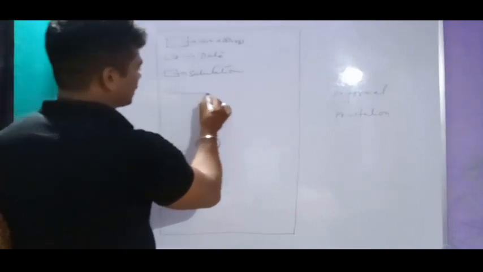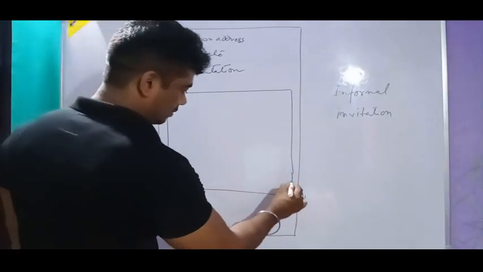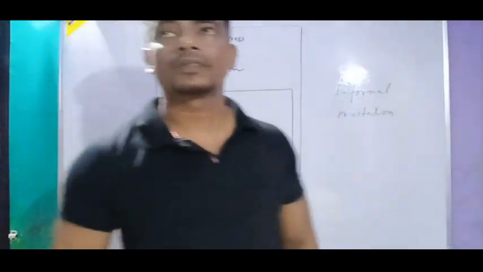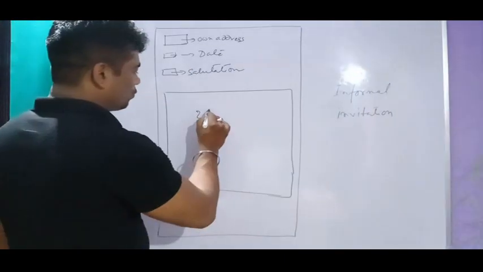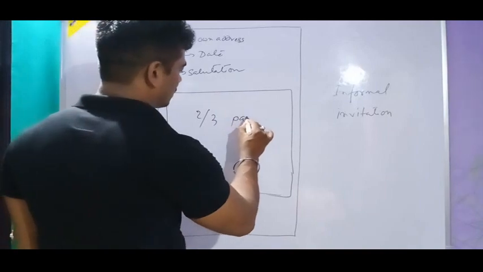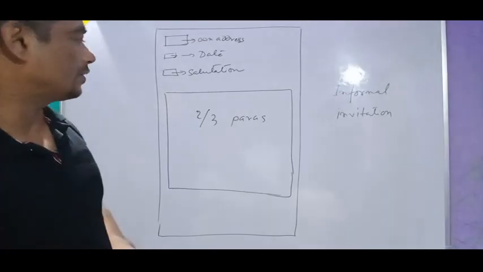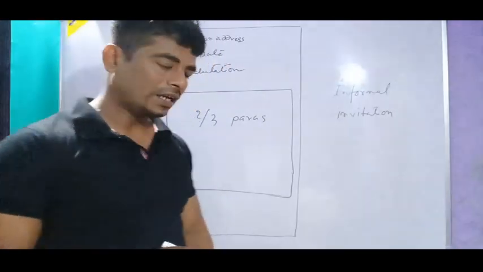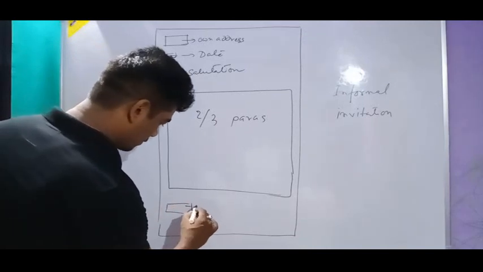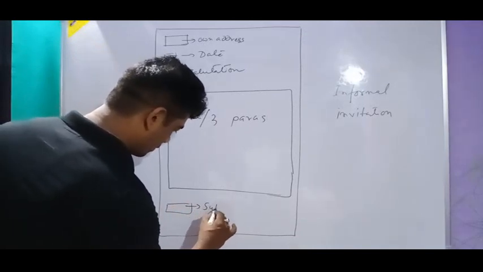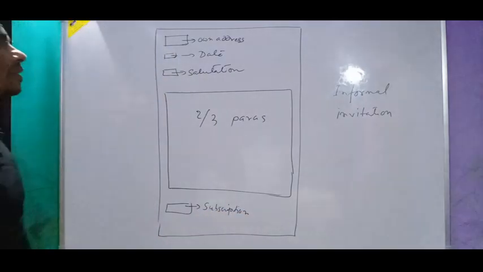After leaving double space, the body starts. This is the body. And this body comprises 2 to 3 paragraphs. If you can write in 2 paragraphs, you can write in 3 paragraphs also. And here the subscription comes.